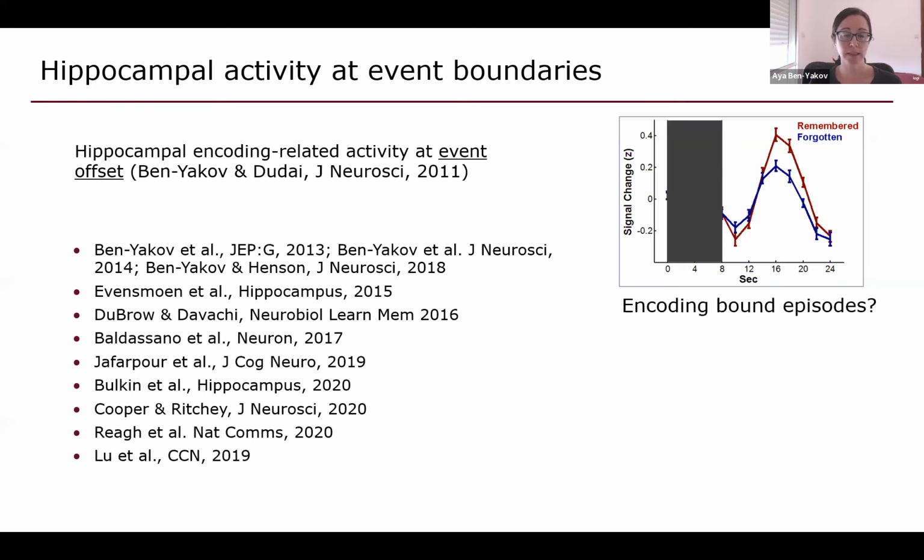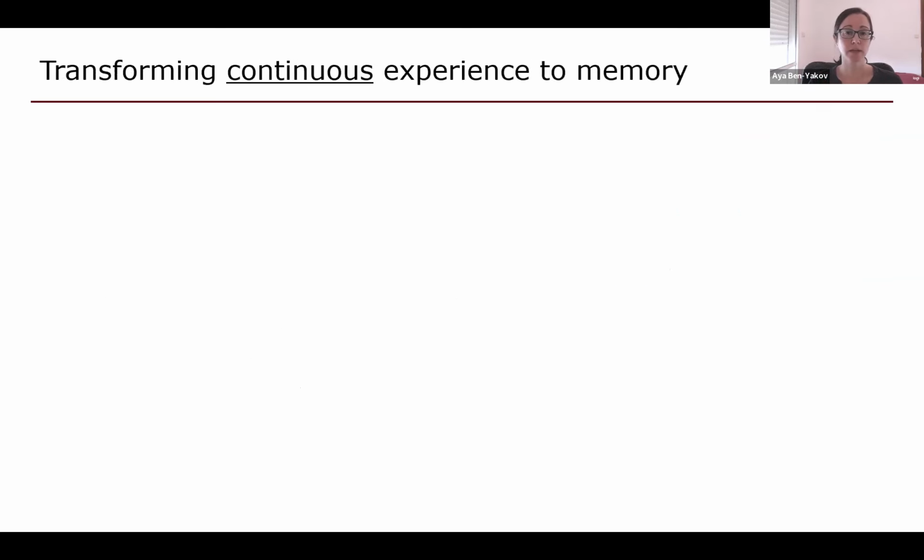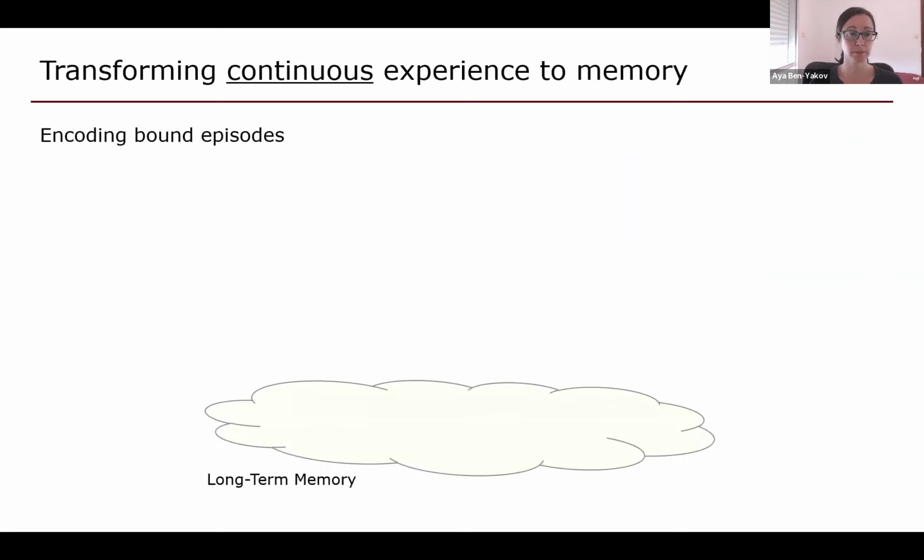And more recently, there's been a computational model that suggests this is indeed the optimal strategy for encoding: not to encode every moment in time as we encounter it, but to encode information in events, to wait until the boundary before encoding.